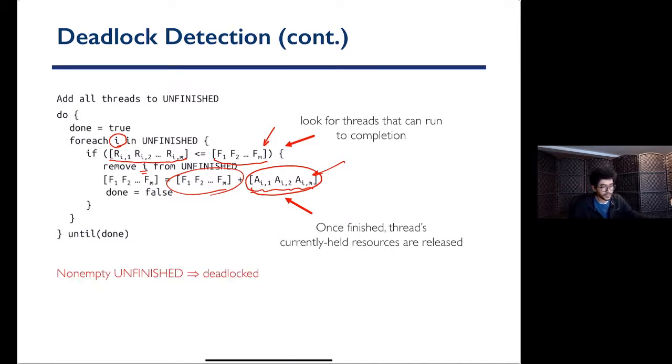And at the end, if this unfinished set is non-empty, meaning that if this algorithm terminates while this unfinished set has a bunch of threads in it, this means that I have deadlock. So I have detected deadlock.